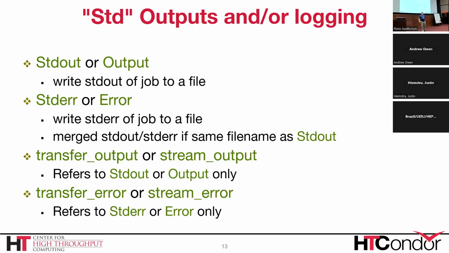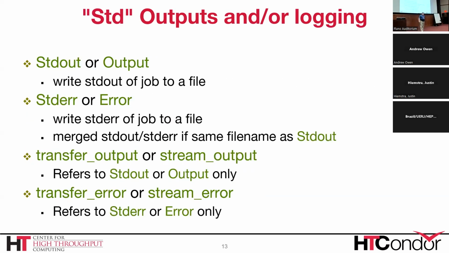There's also standard output and standard error. For most jobs, these are really logging. They're not really your job output. They can be, it's permitted. But normally, you're going to treat these as log files. And once again, you can specify whether or not they transfer independently of this transfer input files if you want to.